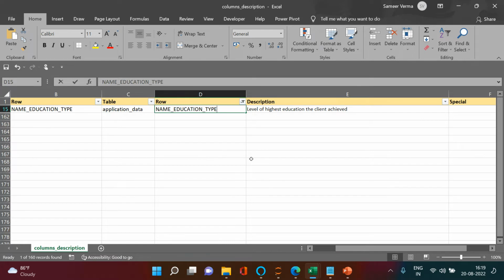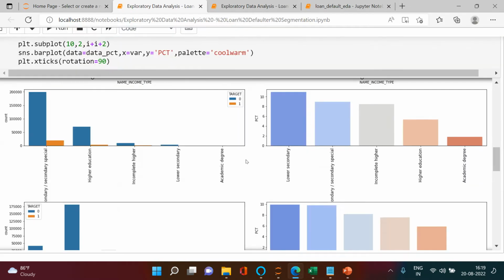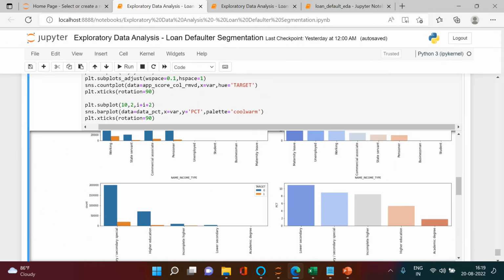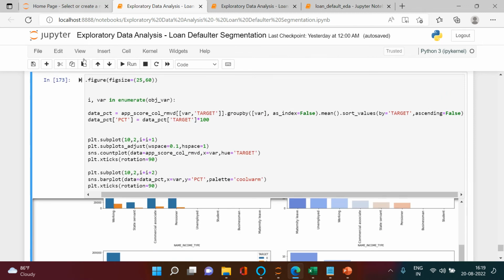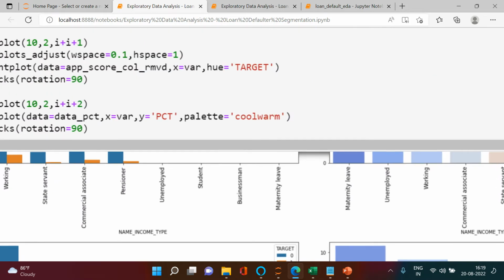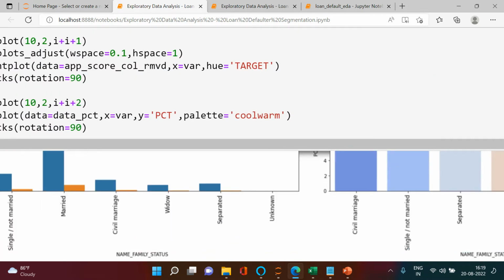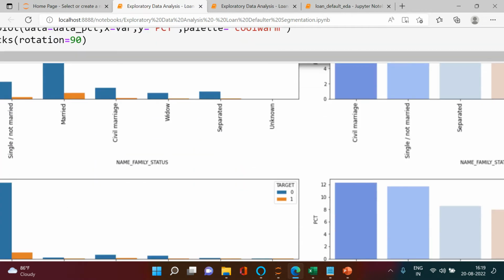This is the variable name, education type. If you are not able to figure out which type of variable it is, you can just increase this spacing over here and you will get the variable name. But I'm not going to do that, because as of now we are going to focus mostly on the analysis part.